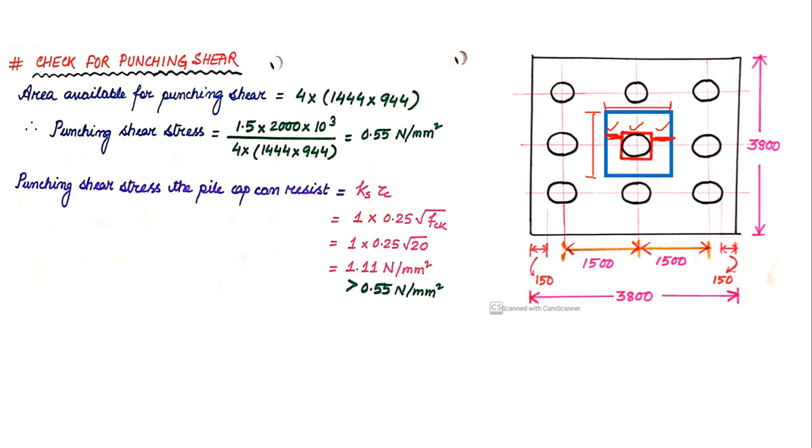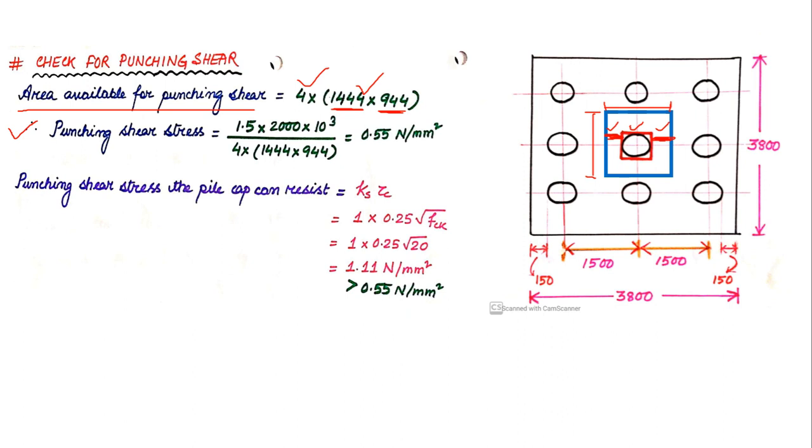If I now want to calculate the area available for punching shear, I have got 1444 into 944. This is the area of one side. I have got 4 sides, so if I multiply this area by 4, I get the overall area available for punching shear. Now let us see what the punching shear stress acting at the pile cap is.